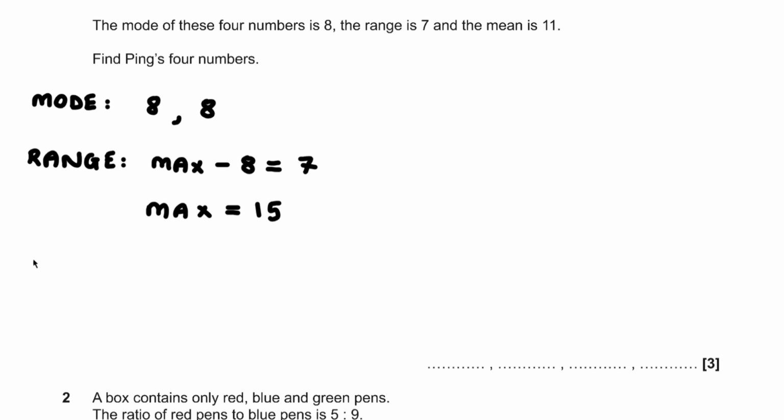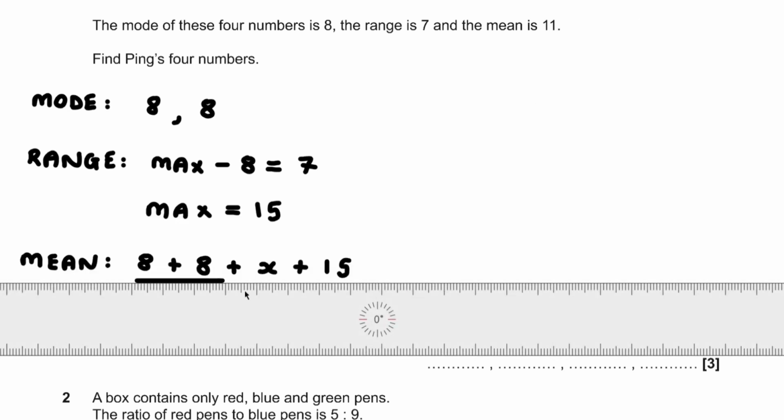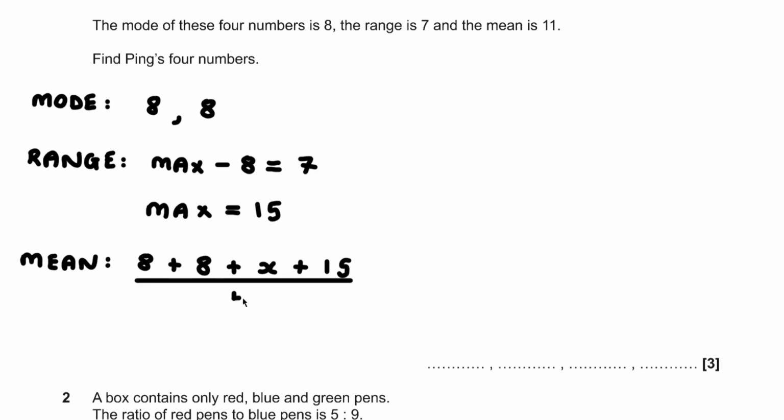So I add all my numbers together: 8 plus 8 plus some other number, we'll call it x, plus 15, and then I divide all of this by 4, because there are 4 numbers, and I will get 11, which is my mean.